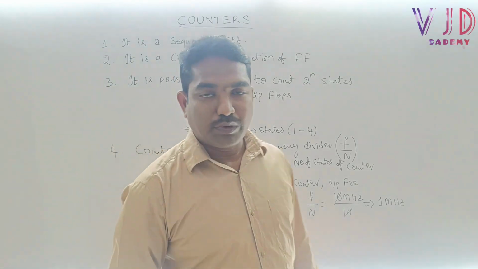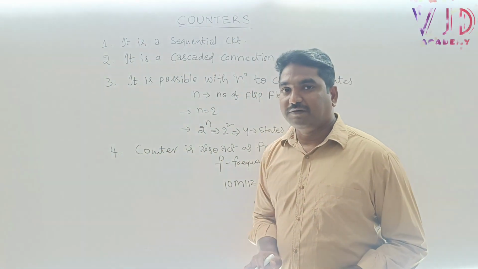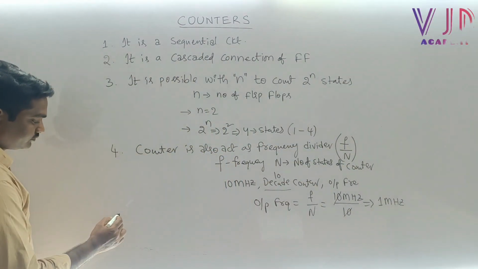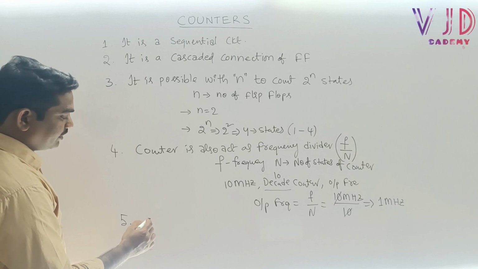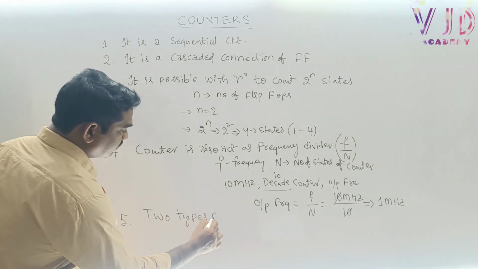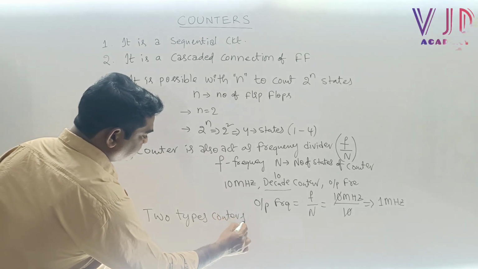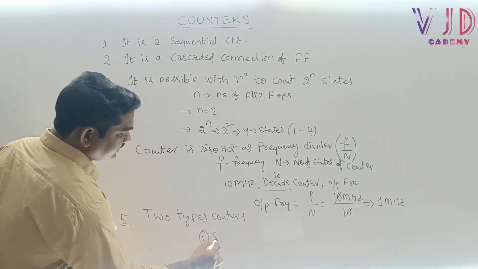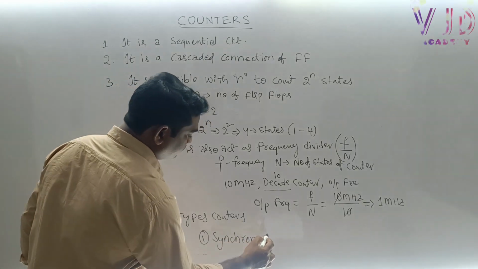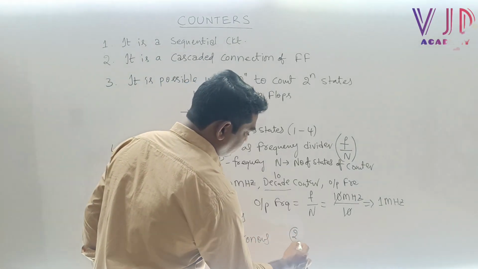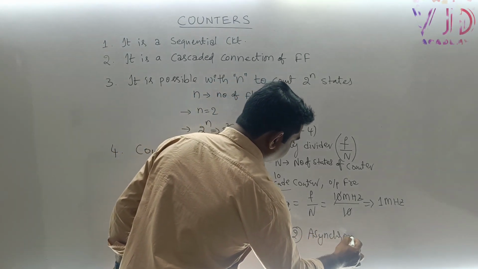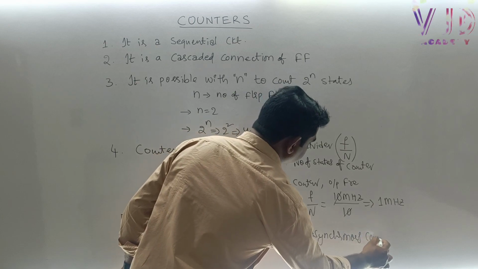Coming to the fifth point, basically we have two types of counters. The first one is the synchronous counter, and the second one is the asynchronous counter.